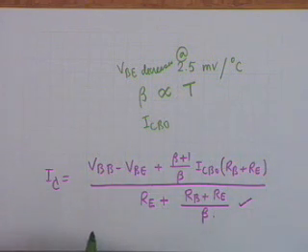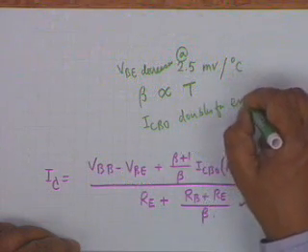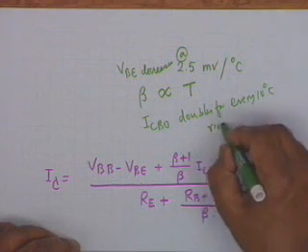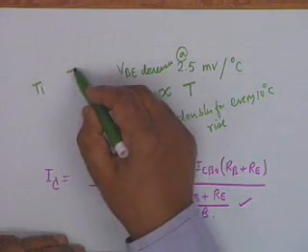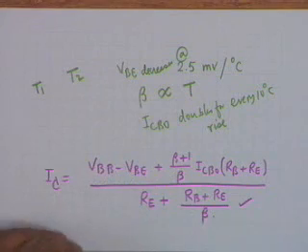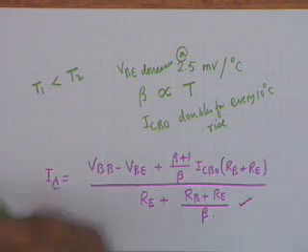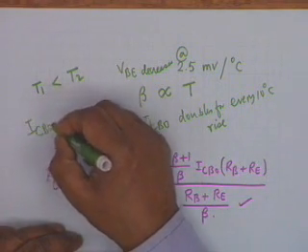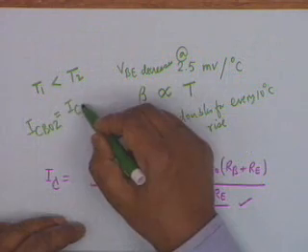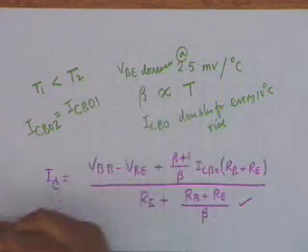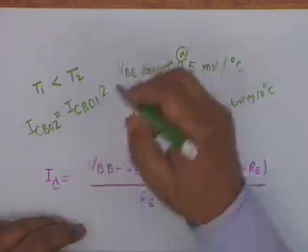Which means that if I have 2 temperatures T1 and T2, look at this very simple modeling, where T2 is greater than T1, then I sub CBO2, that is at the increased temperature, shall be I sub CBO1, that is the decreased temperature, multiplied by 2 to the power T2 minus T1 divided by 10.